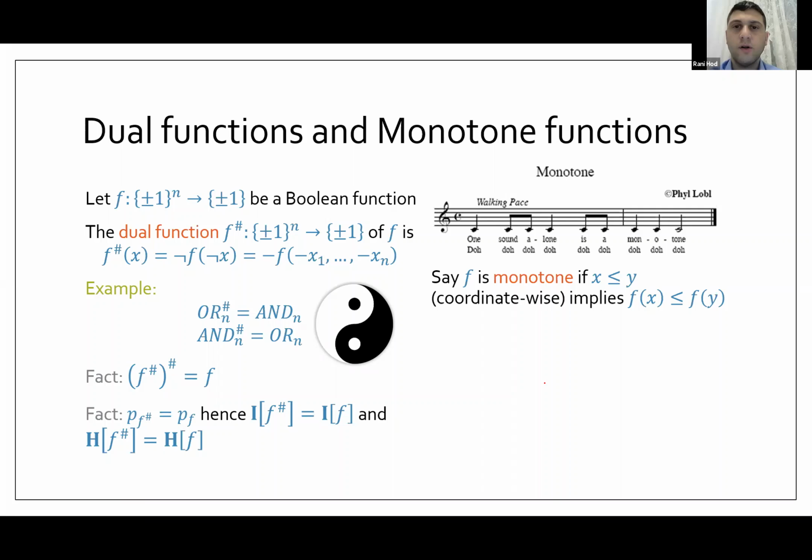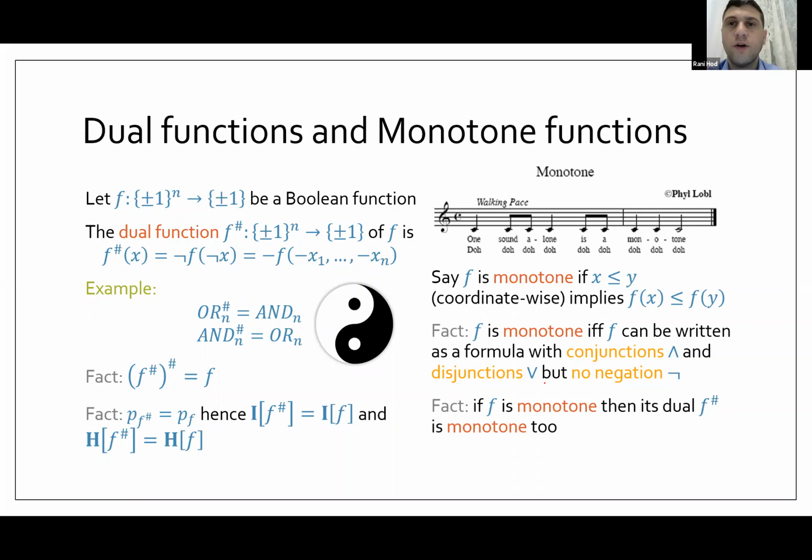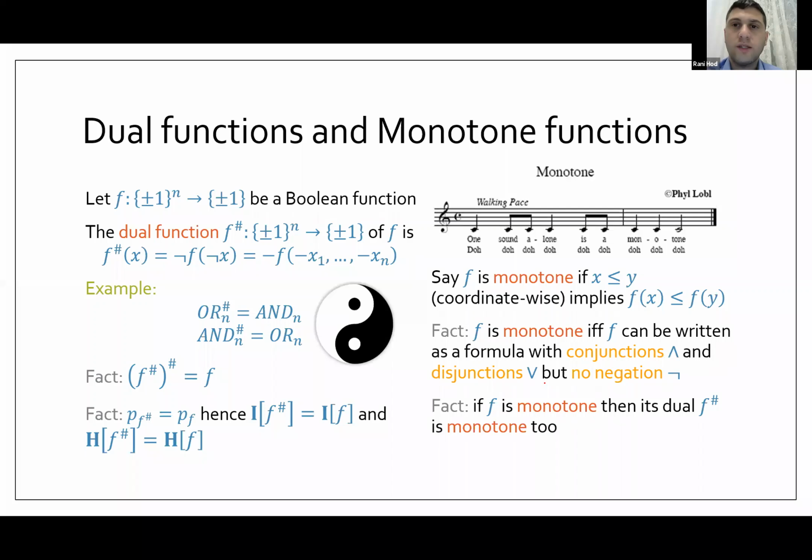That turning bits on can make the function true, but it cannot make it false, and the other way around. And one more thing, if the function is monotone, then the dual function is monotone. That's if and only if. By the way, the conjecture is not known for monotone functions. That's a large class of functions for which the conjecture is not known.